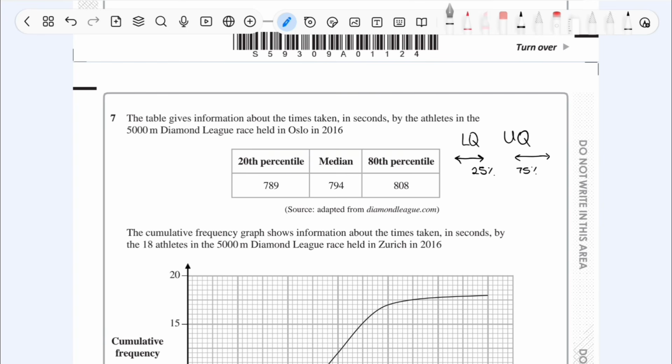And the median is obviously the middle of the data, or 50% of the way. Now you can apply the same principle, and you see that the 20th percentile is 20% of the way through the data, and the 80th percentile, you guessed it, is going to be 80% of the way through the data.